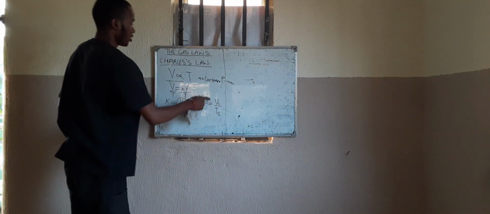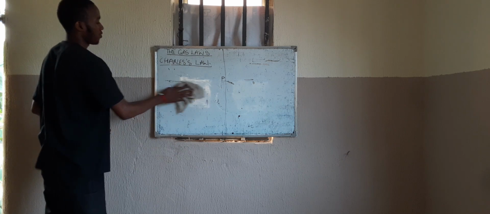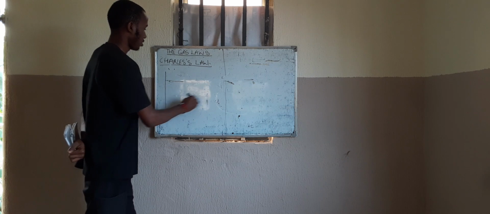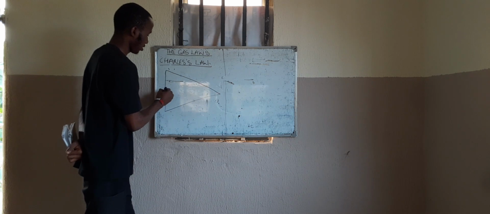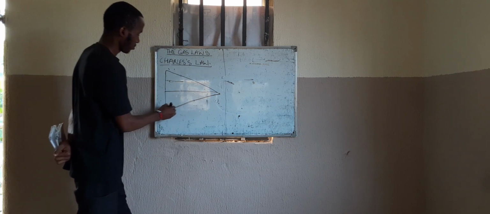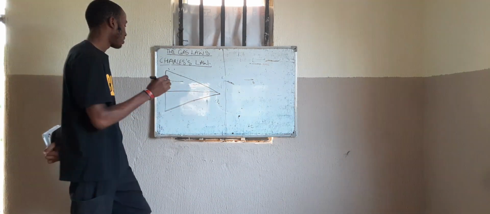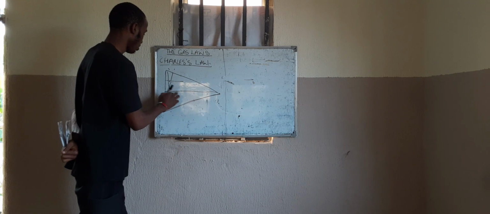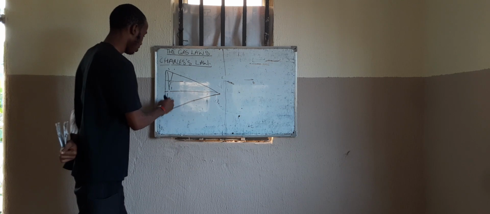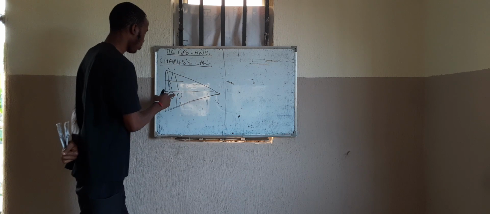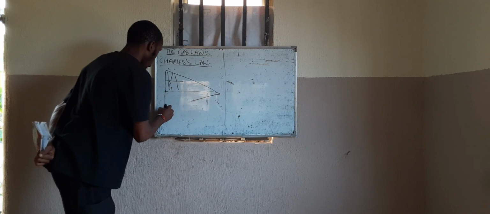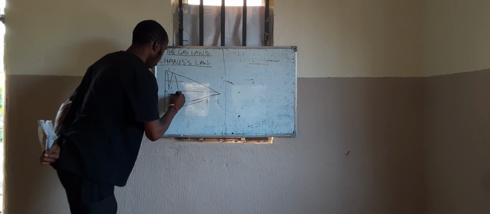So let me give you a graph on Charles' law. The graph on Charles' law looks like this. So it means when the volume is decreasing, the temperature is decreasing at the same time.